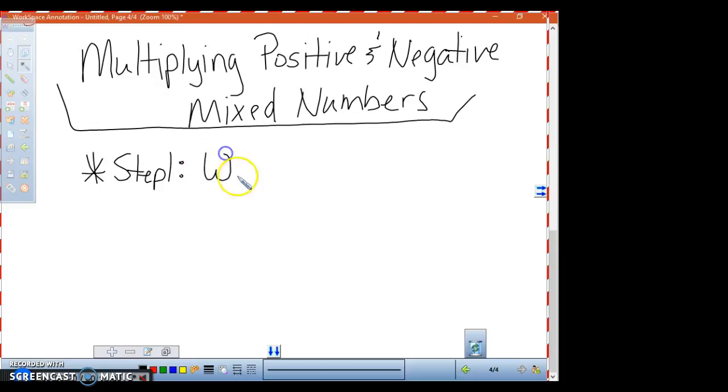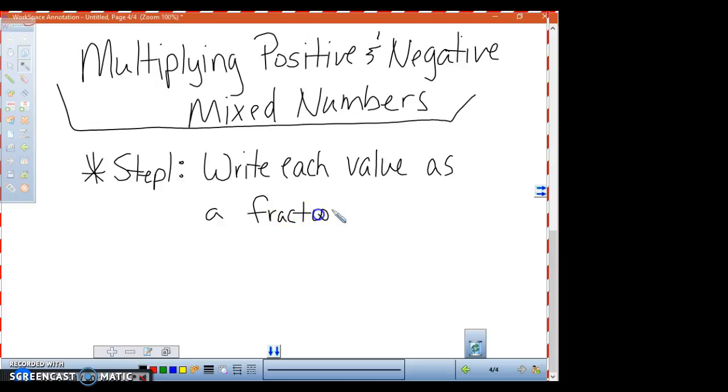Make sure that you write each value as a fraction. What do I mean by that? What does a fraction look like? Ooh, go ahead, Harry. Oops, sorry. Nope, not Harry.